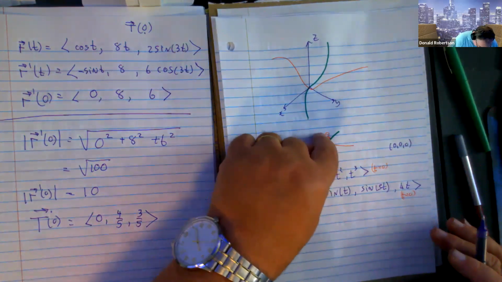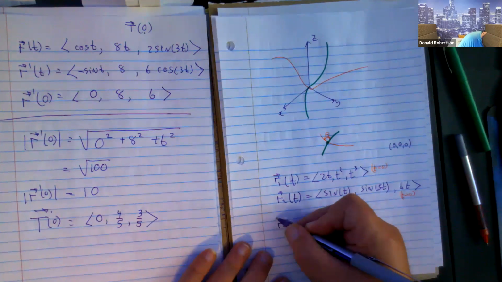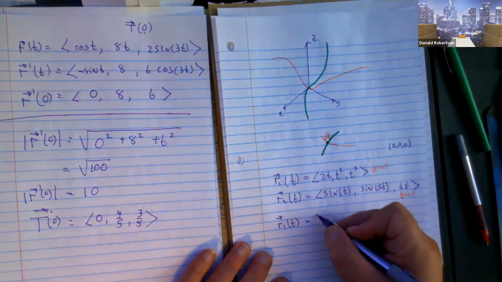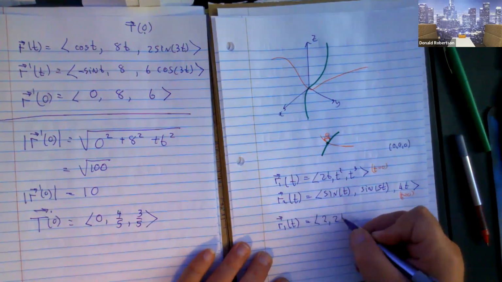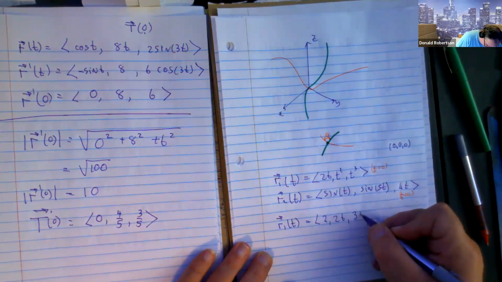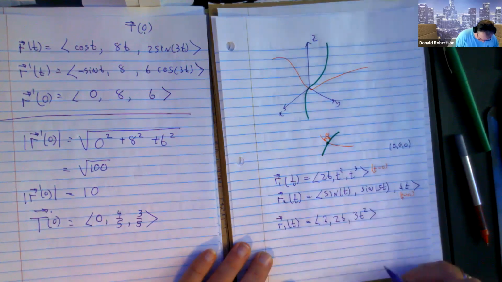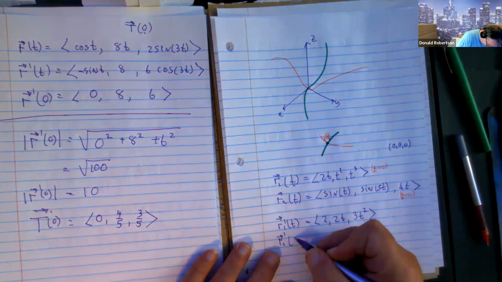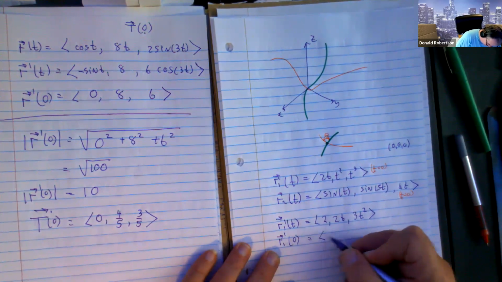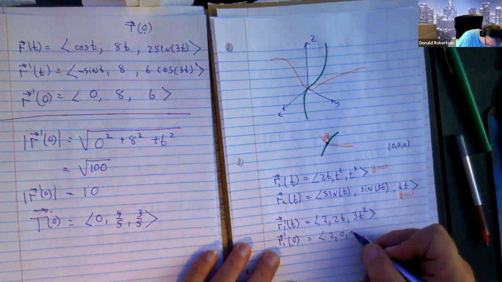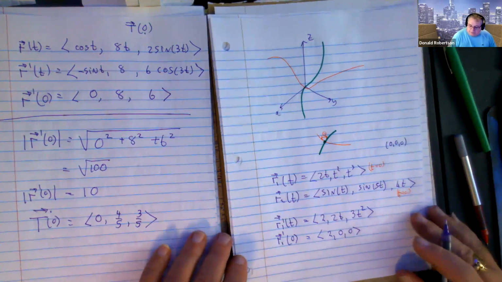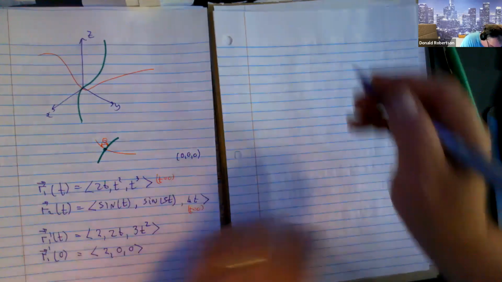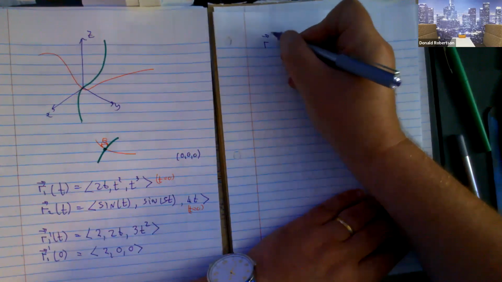So if you want to find the angle, what you do is you find the derivative. So the derivative of this one is 2t, 3t squared. And you find what it would be at 0. And that ends up being 2, nothing, nothing. You then take your second function, which is this one, and you find its derivative.